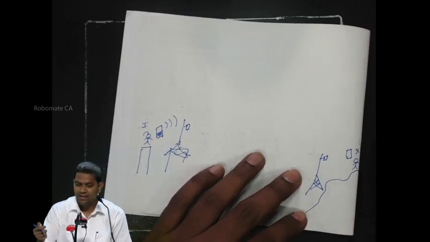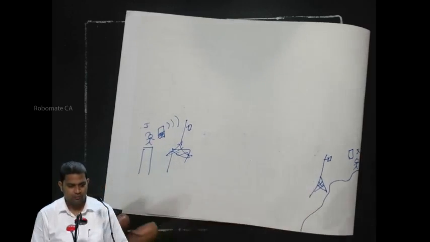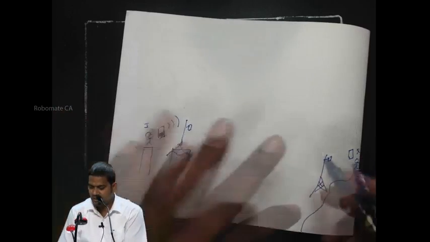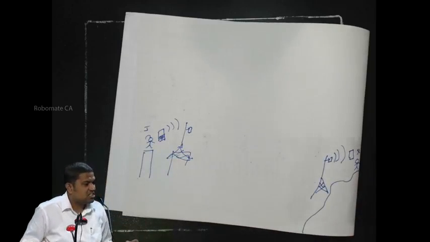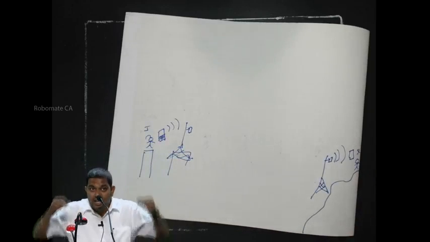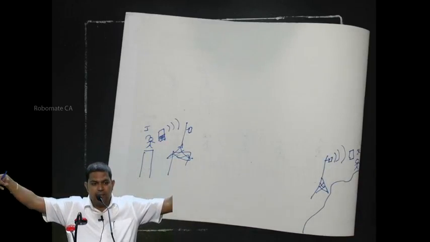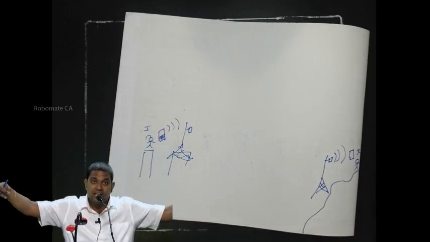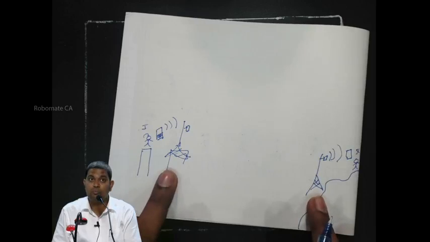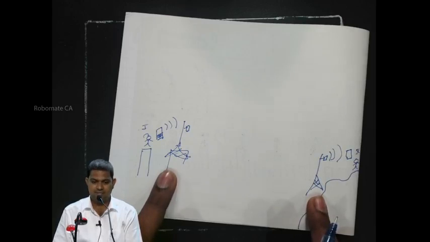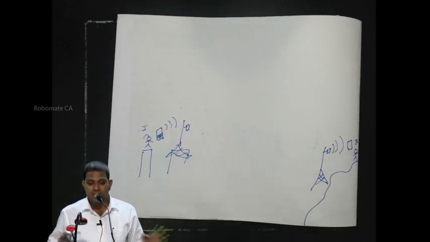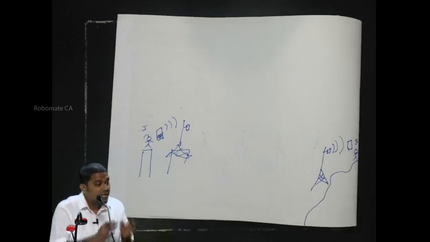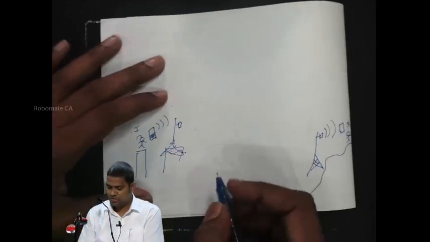Now when he is receiving the call, these two stations will set a chain of towers between them. If the distance between these two towers is more than 50 kilometers, that is 30 miles, then they would set a chain of towers.